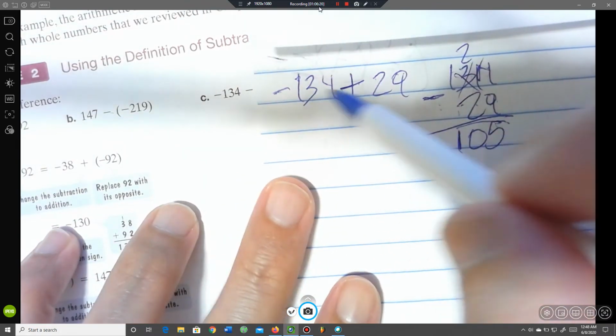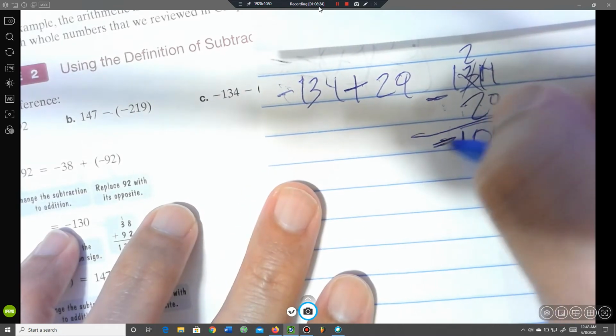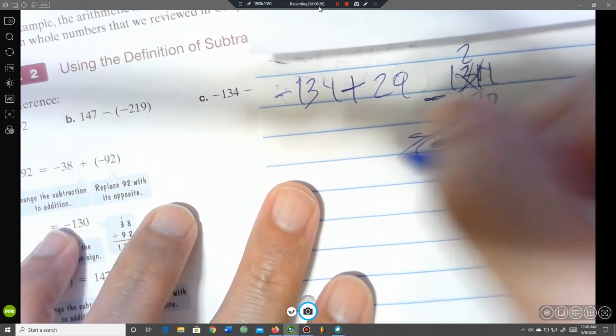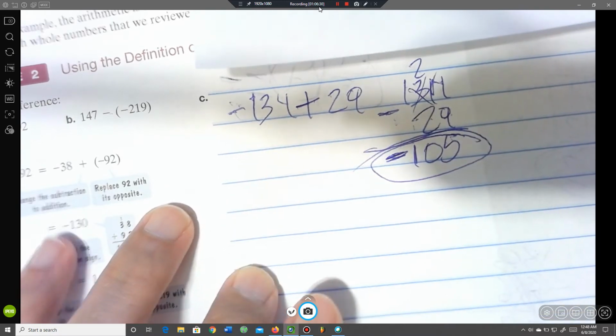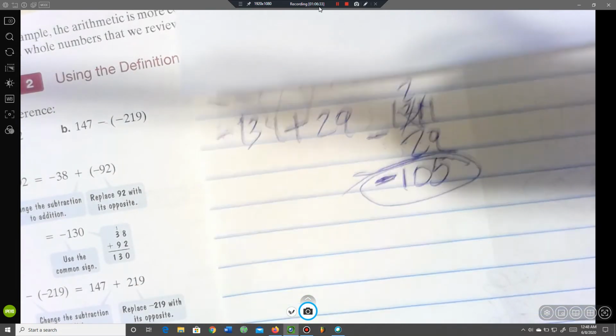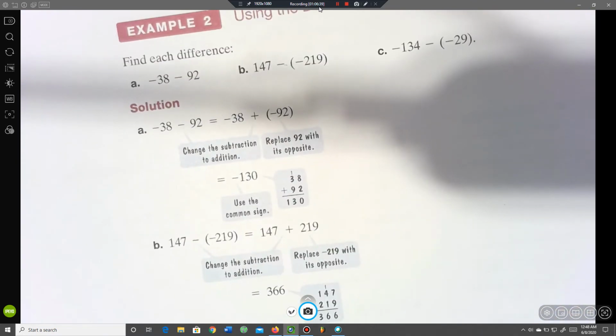You still need to go back and look at the sign of the largest value. And it is negative, so you keep the sign. And that should be the answer. Okay. So hopefully you're getting the gist of what I'm trying to teach you here. The adding and subtracting. Hopefully it's all coming together.